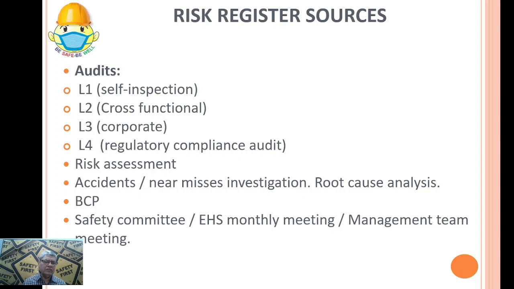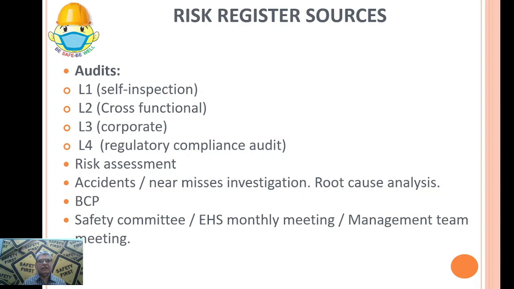Then the next source is the risk assessment. We have seen that we do the risk assessment and then all the risk assessments are entered into the CAPA and risk register. Next is accident and near miss investigation, root cause analysis of the accident and what root cause you have found. Then the next source is the BCP, that is the business continuity plan.